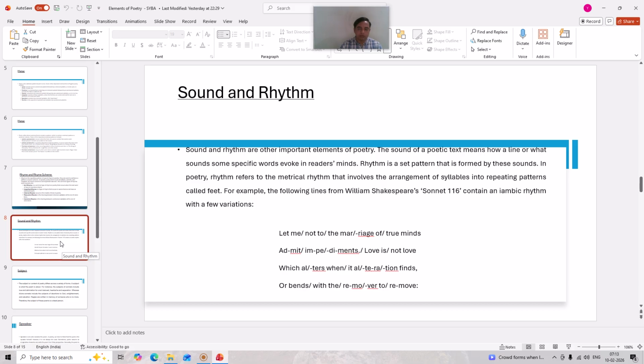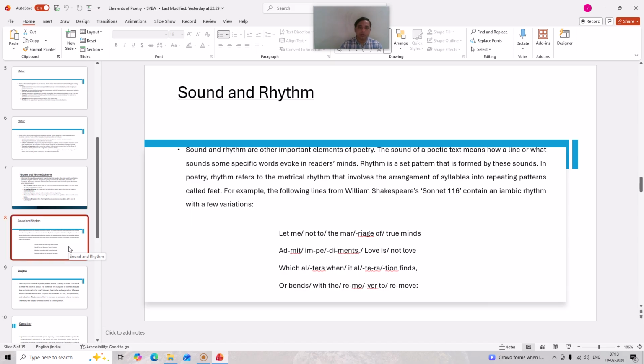Tone means the attitude of the poet that is reflected there, and mood means a psychological or emotive effect on the reader after reading a poem.